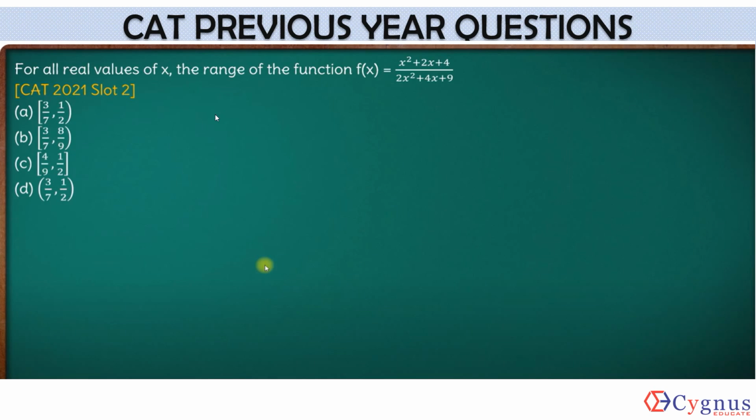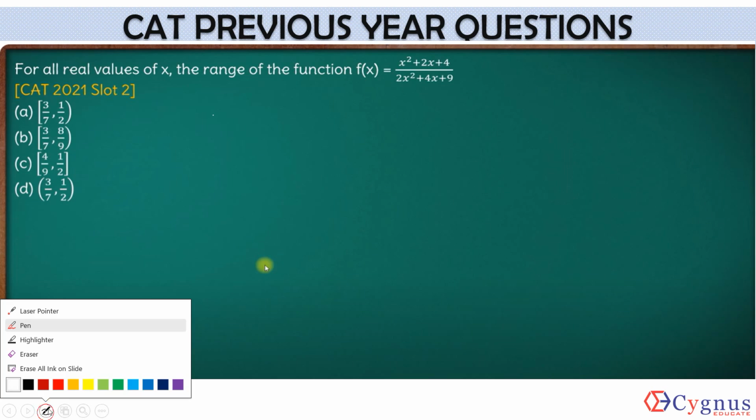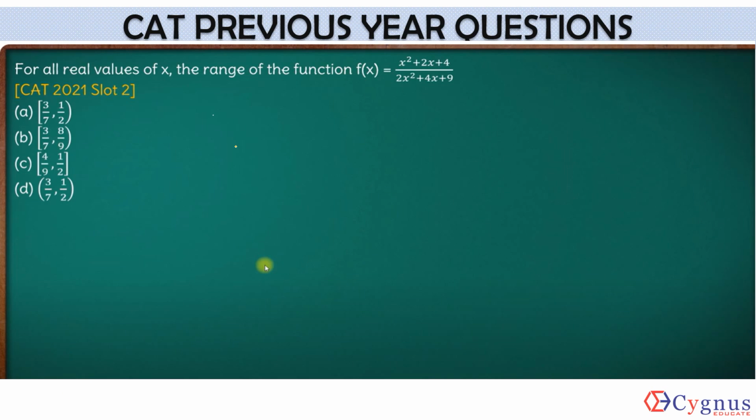What do you mean by same terms? If you look at the numerator, it's x square plus 2x plus 4. Can we write it like this? x square plus 2x plus 1 plus 3, divided by, if you take 2 common, you can write it as x square plus 2x plus, let's say, 1 plus 7.